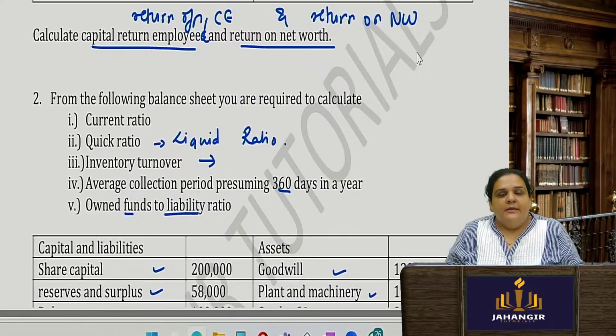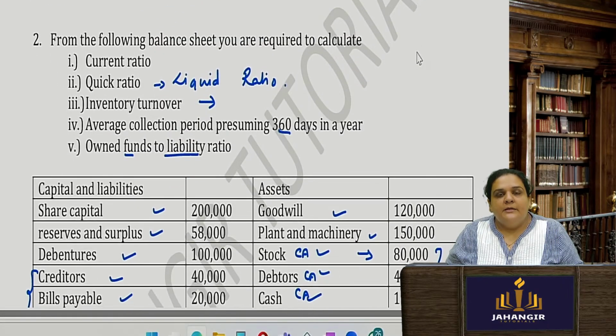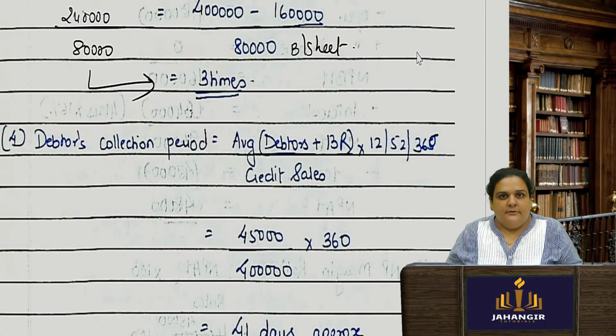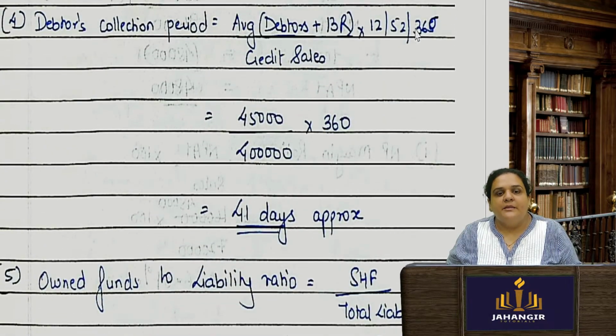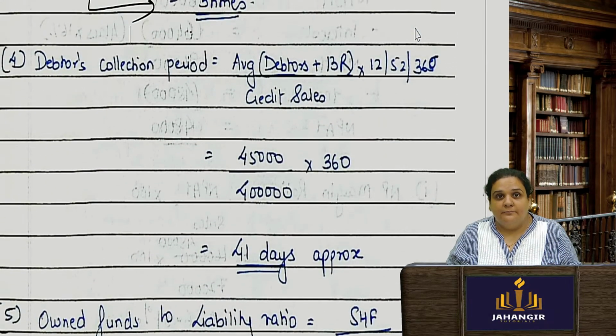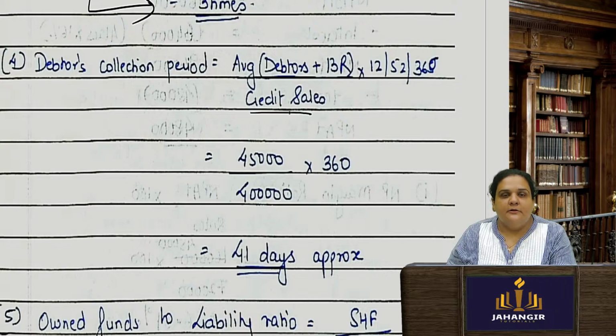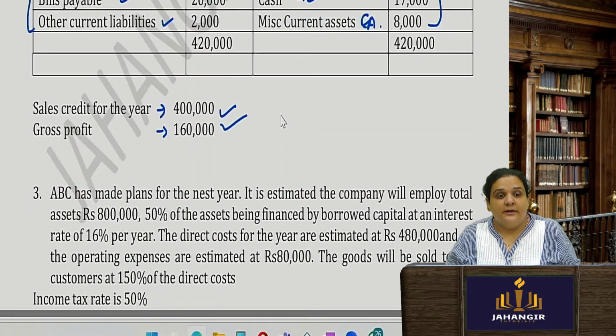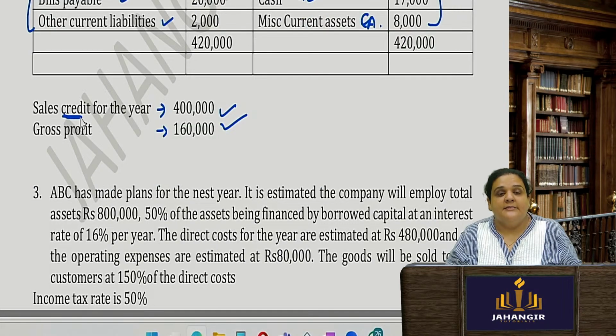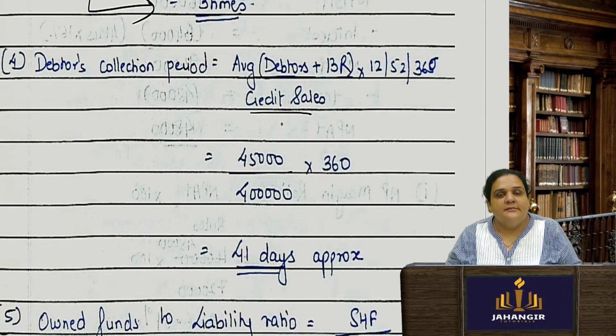Then they are telling me to find average collection period assuming 360 days in a year. So average collection period will be the reverse of turnover. So it will be average debtors plus bills receivable upon credit sales. Now they have given me sales is all credit sales, so 4 lakhs.